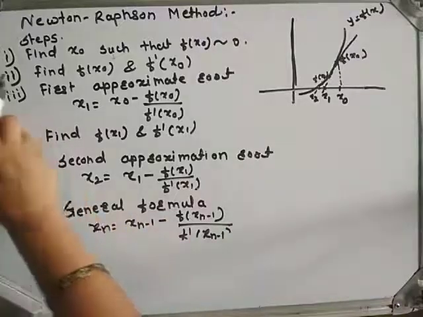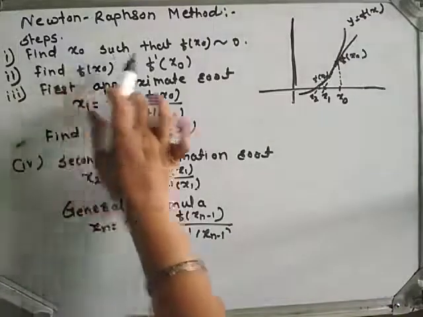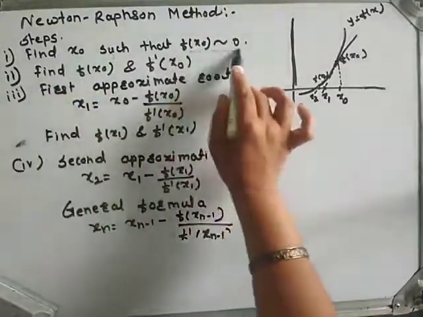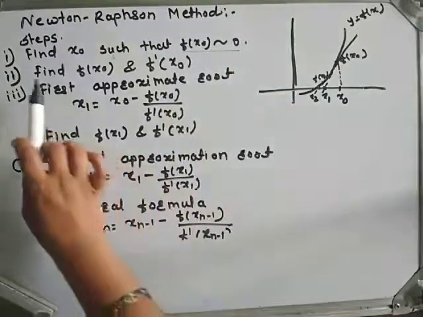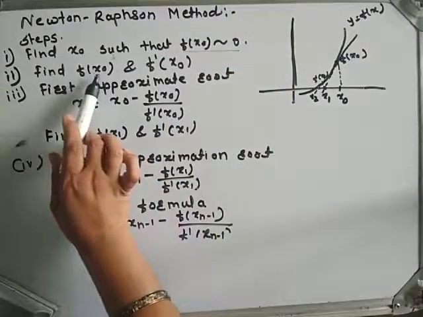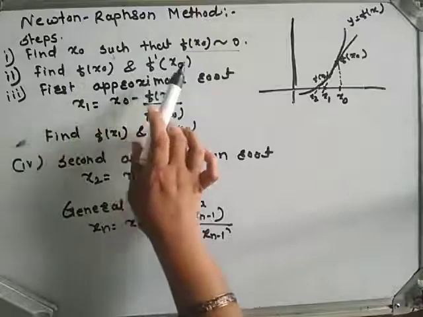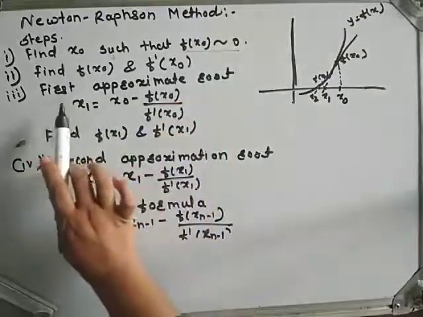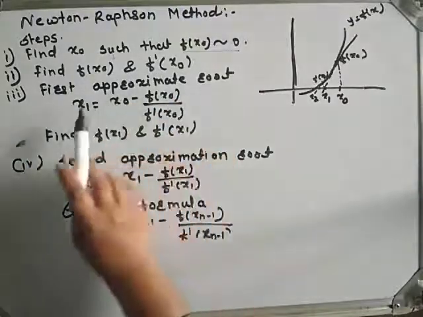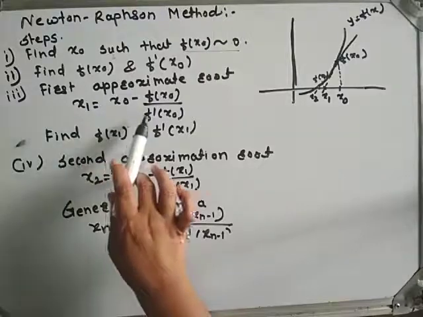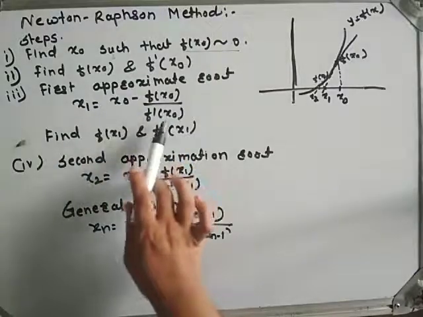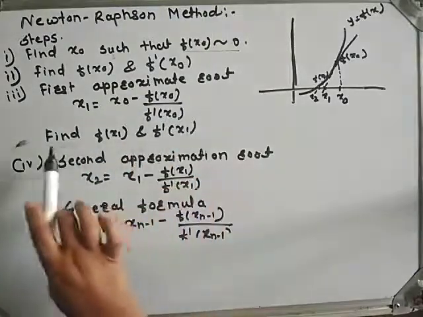Here, what are the steps? First we have to find x0 such that f(x0) is approximately equal to 0. In the next step we have to find f(x0) and f'(x0). The first approximation root is x1 = x0 - f(x0)/f'(x0).